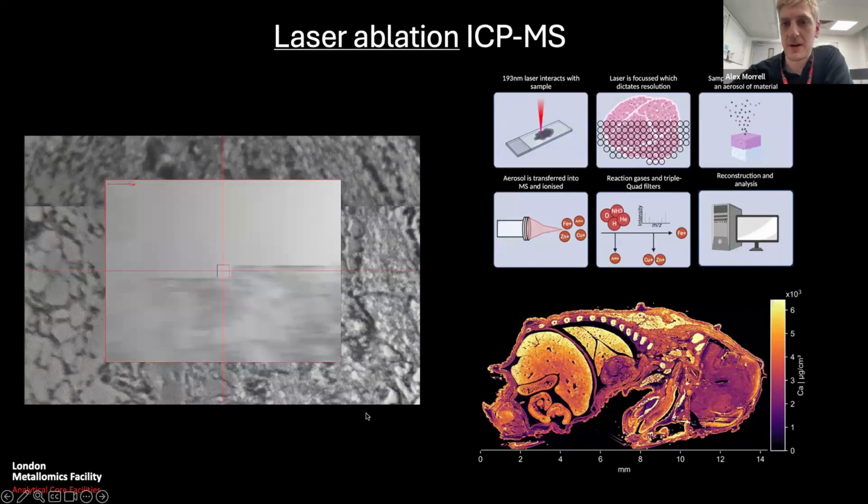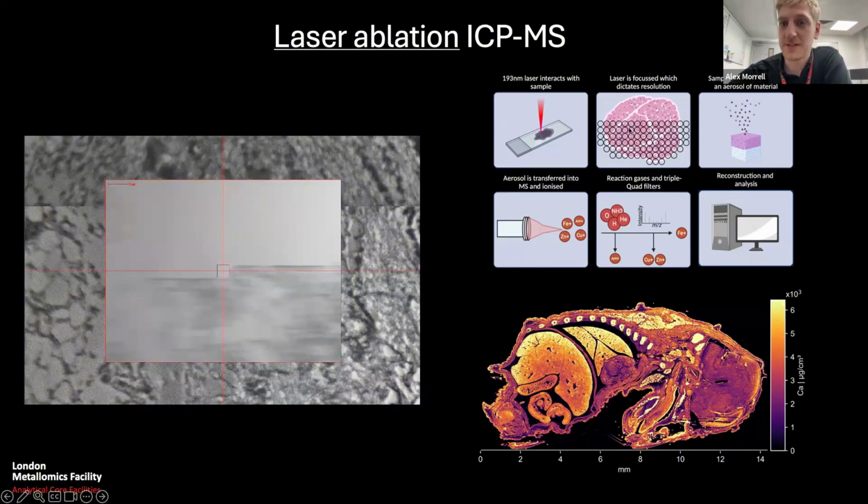Just to explain a little bit about how laser ablation works, because then you'll get an idea of what the data looks like. You have a tissue which is very similar to a normal histological prep: formalin fixed paraffin embedded samples or frozen sections, cut to a very thin section. Very similar to normal histology, they're placed on a glass slide. Then you take a very focused laser beam, which rasters across the sample itself.